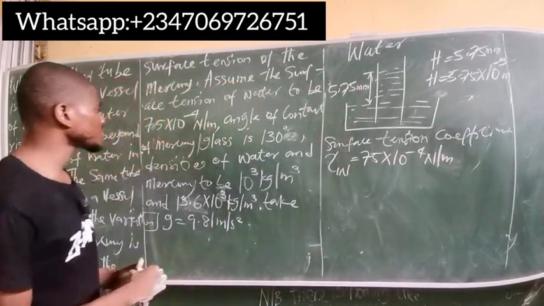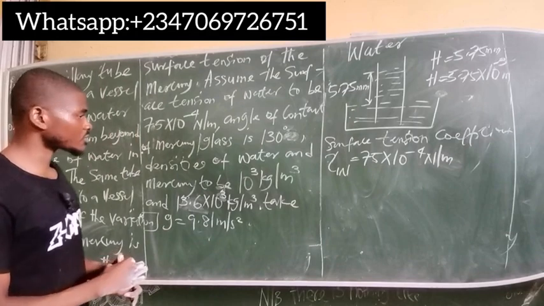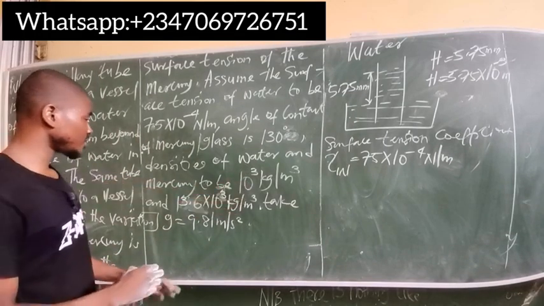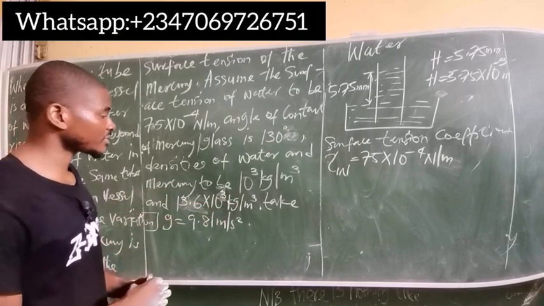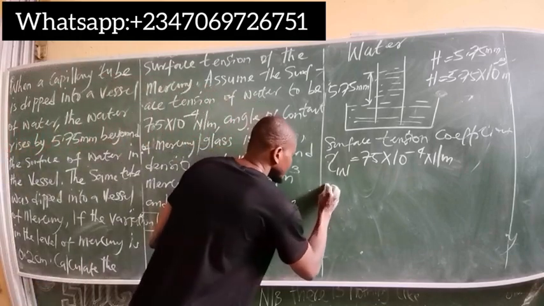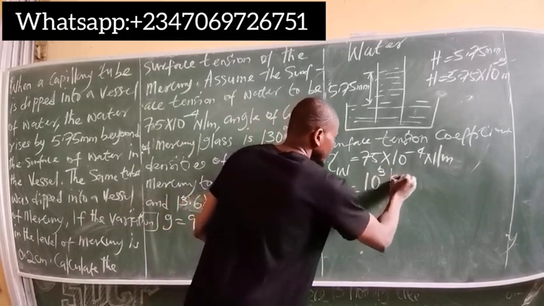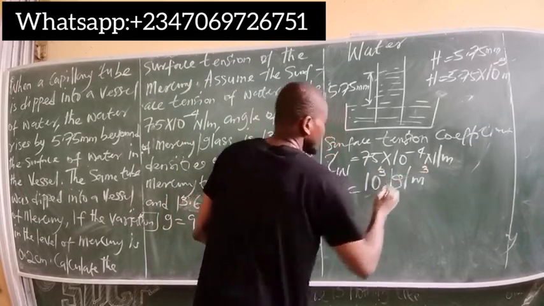And the density of water was also given as 10 to the power of 3 kilograms per meter cube. So we have rho of water equals 10 to the power of 3 kilograms per meter cube.